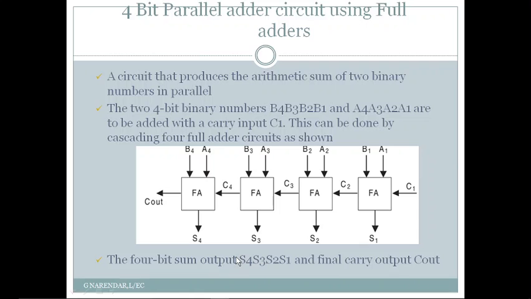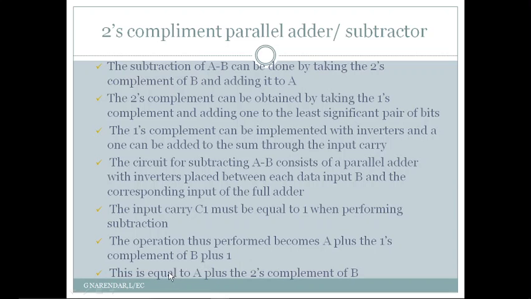You can see that this is equal to A plus the 2's complement of B, that is effectively equal to A minus B, that is subtraction of B from A.